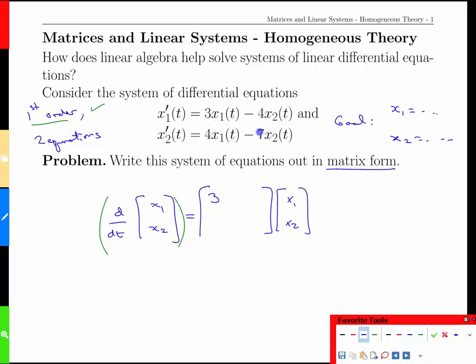There's 3 x1s and there's negative 4 x2s, there's 4 x1s and negative 7 x2s, and if you do the multiplication you'll get exactly this differential equation system again. Here it's just written out in matrix form. So no calculations, just separating the coefficients and the variables. That's all that happens in this transformation step here.